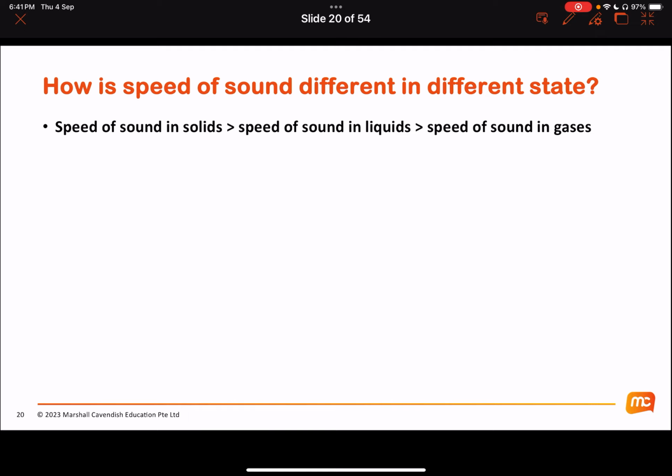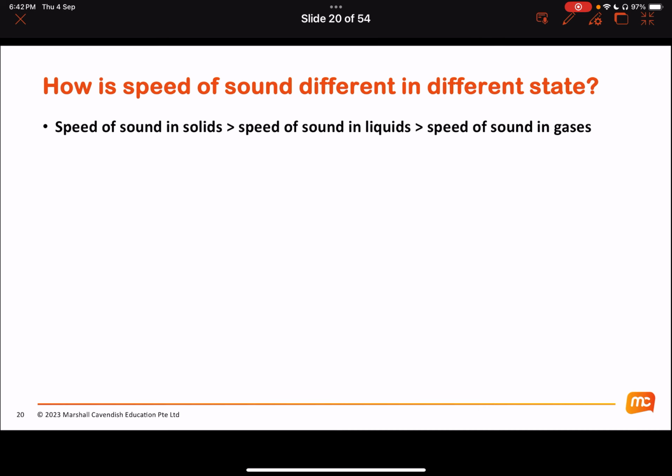Because of the arrangement of the particles in a solid, very closely packed. Therefore the collisions can happen at a faster rate compared to liquid and gas.